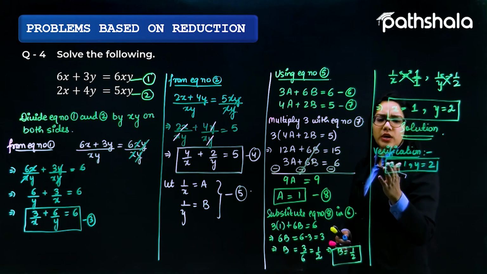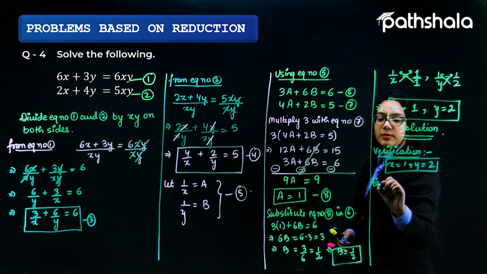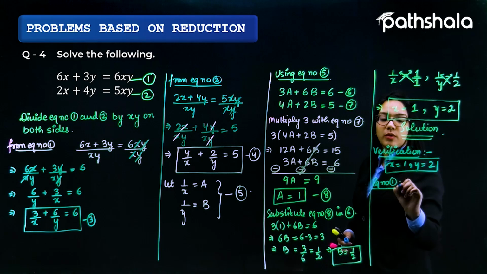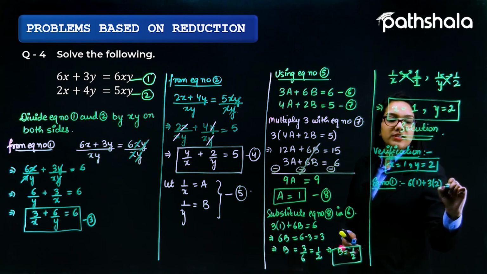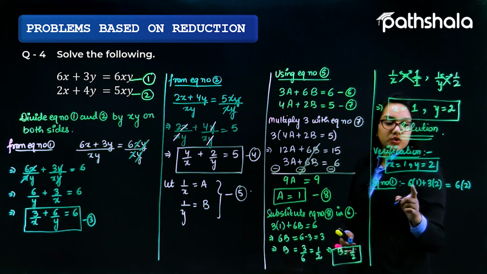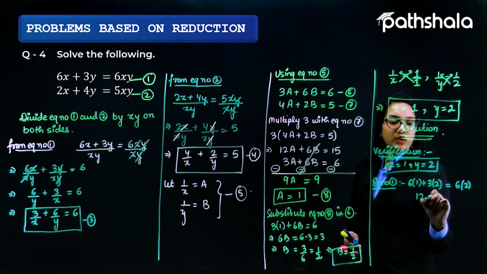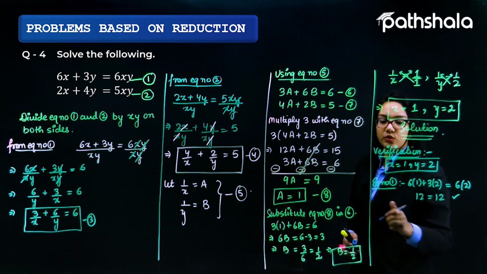Let's substitute x is equal to 1, y is equal to 2 in equation number 1. On the LHS, we will get 6 into 1 plus 3 into 2, which is 6 plus 6, that is 12, which is equal to 12, meaning equation number 1 is verified. LHS is equal to the RHS.